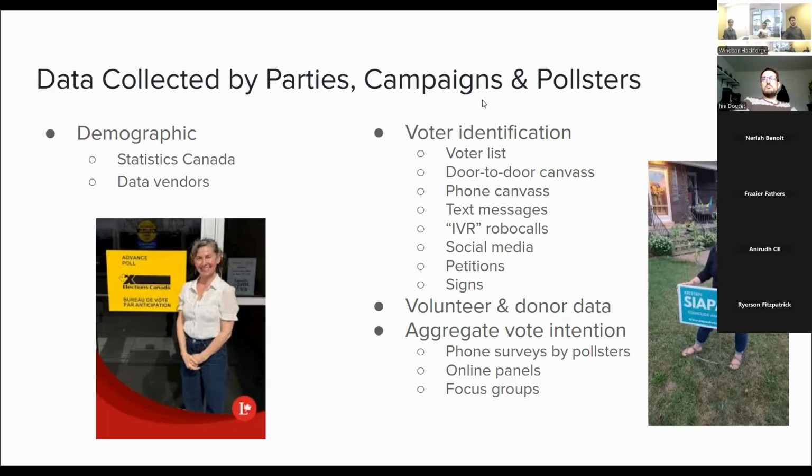One of the ways that people misrepresent numbers is they will show you a number that is accurate and valid, but they will say that it's something other than it is. People will often talk about riding projections like they're a poll, but they are not a poll. The riding projection is an estimate for a particular riding that takes into account national and regional polls and then applies a number of factors.